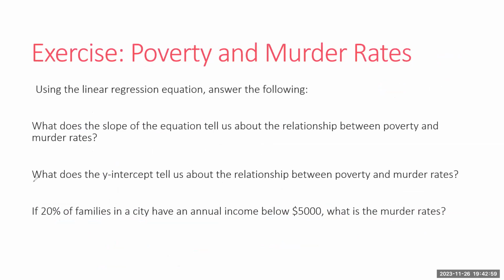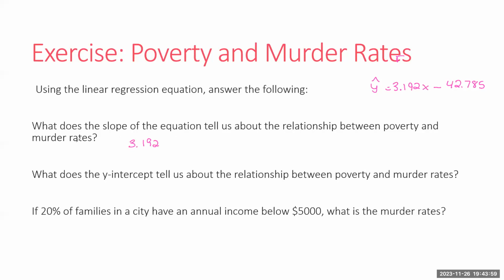All right, so a little bit more. Using the linear regression equation, we want to answer the following. I just put the equation back in the corner there. What does the slope of the equation tell us about the relationship between poverty and murder rates? So if you remember, murder rates were in number of murders per 1,000 people.